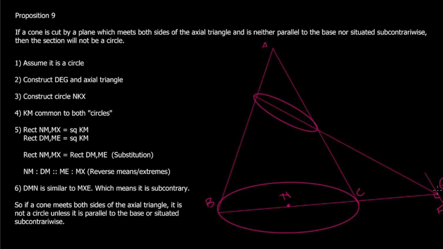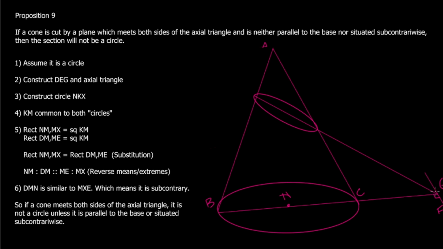Next, we're going to take this point G, and we're going to think about it in respect to the plane of the axial triangle, which is now ABC. It's in that plane, and we're going to think about the plane of the cutting section here, and the cutting section connects to this line FG.